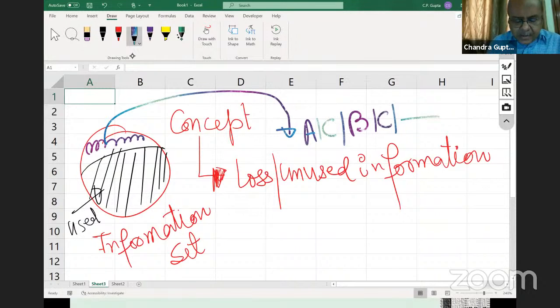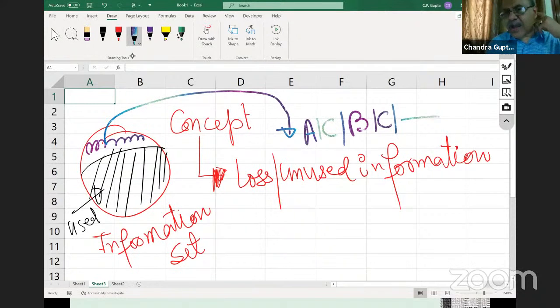So basically, how much information you are losing in the estimation process, I'm saying it in a very crude sense, is what is revealed by information criteria.